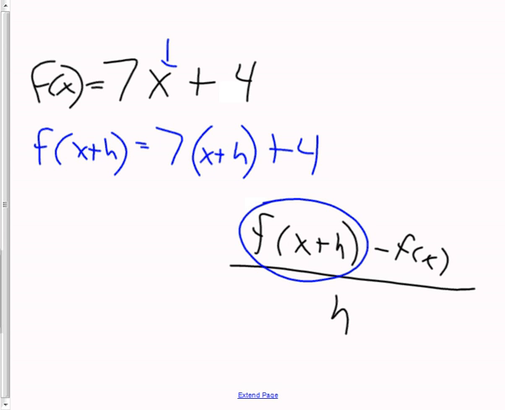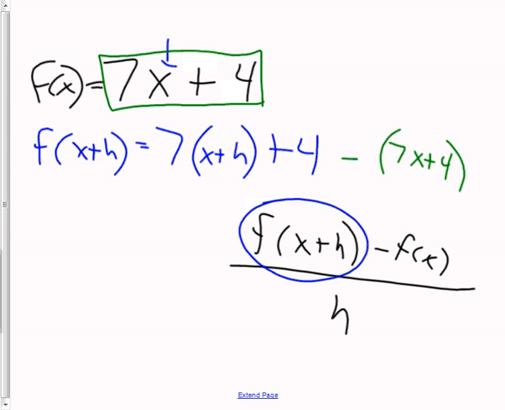Now I have to subtract f of x. So I'm going to put minus f of x. Remember me saying to put a parenthesis and then drop it in? So now I'm going to drop in f of x. Ooh, that's f of x right there. 7x plus 4. And I'll have it if I just take the whole thing and divide by what? Divide by h.